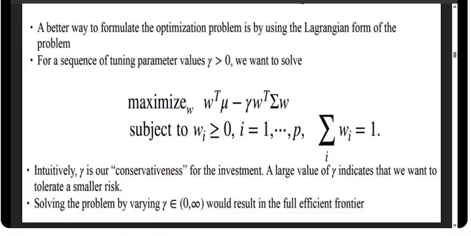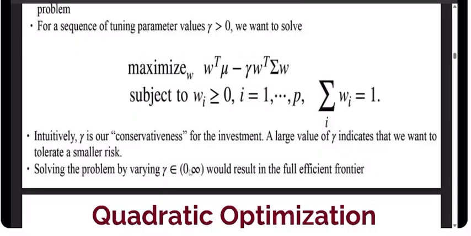A large value of gamma indicates that we want to tolerate smaller risk. There are some investors who don't want to tolerate large risk, because maybe they borrowed the money from the bank and they don't want to throw the money away. So when I vary it, what are reasonable values of gamma that will work? We can take gamma between 0 and infinity. So take a look at that.